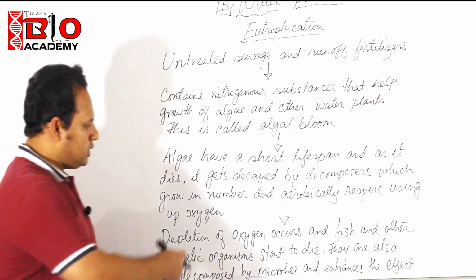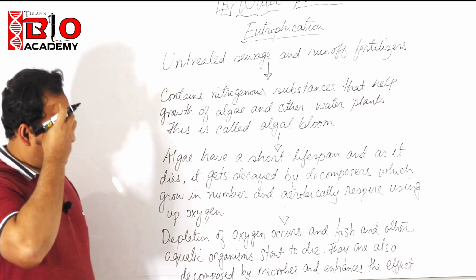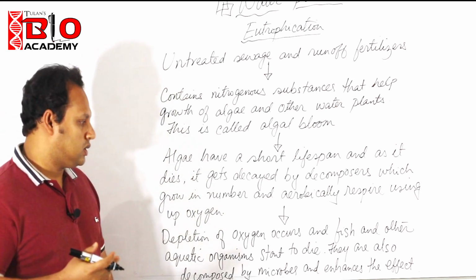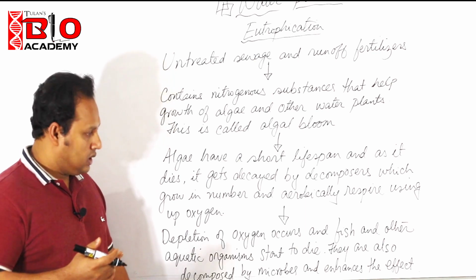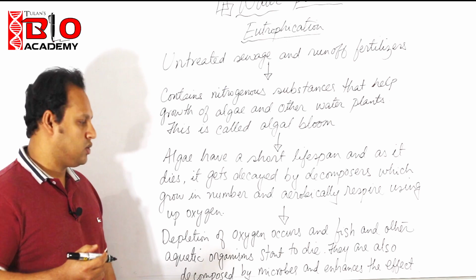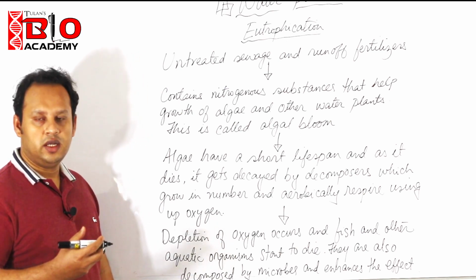And during this, when the oxygen is being depleted, there is something called biochemical oxygen demand, and this is what is used by scientists and microbiologists in particular to assess how polluted an environment is.